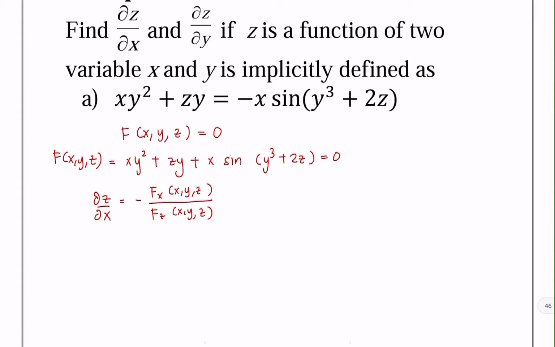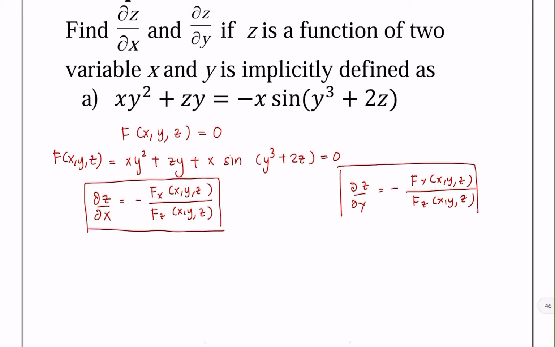And the second one, we want to find del z del y, so it will be negative f_y this time, (x, y, z) over the partial derivative for z, (x, y, z). So we will use these two formulas.